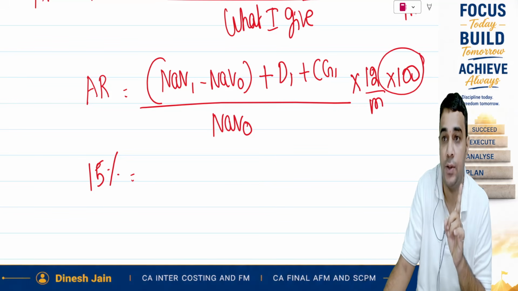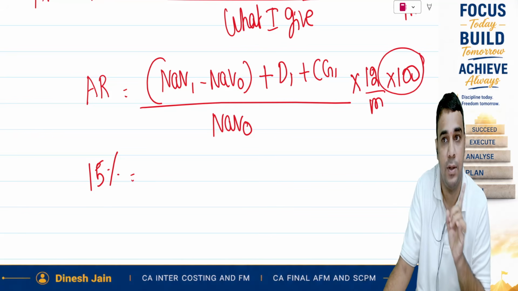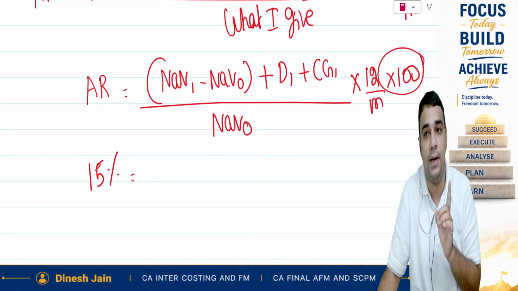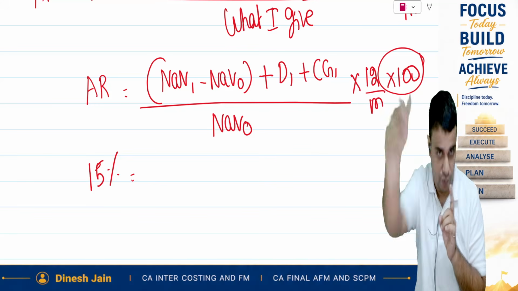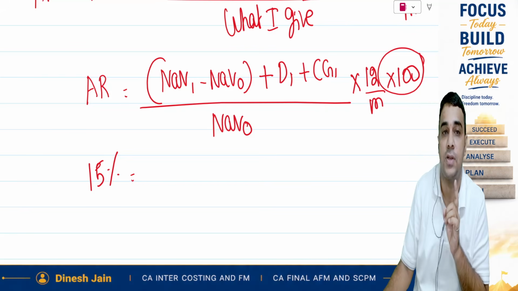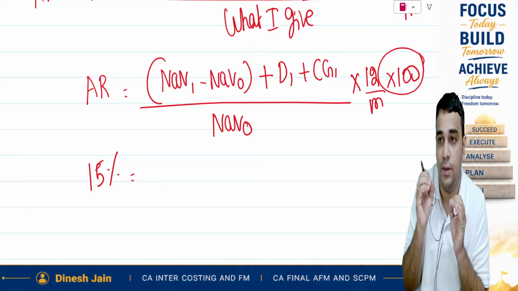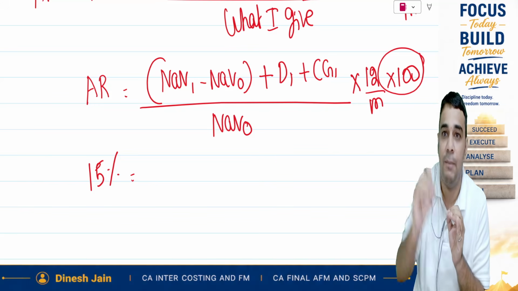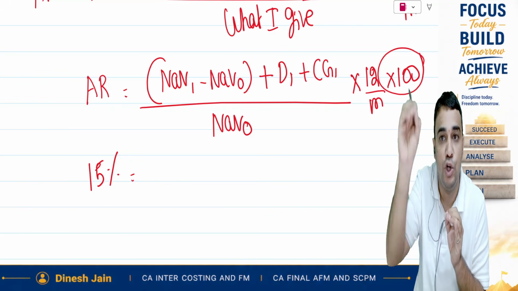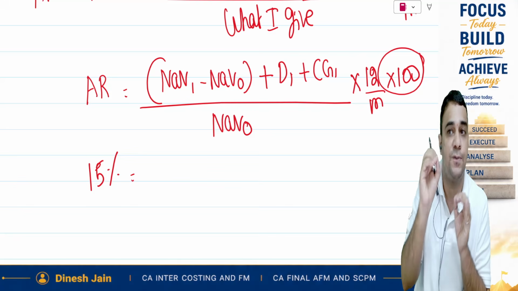Don't put a percentage. Because mathematically you get the number. In the calculator we get the number as 15, but we write 15%. When you do into 100, you get the number as 15.